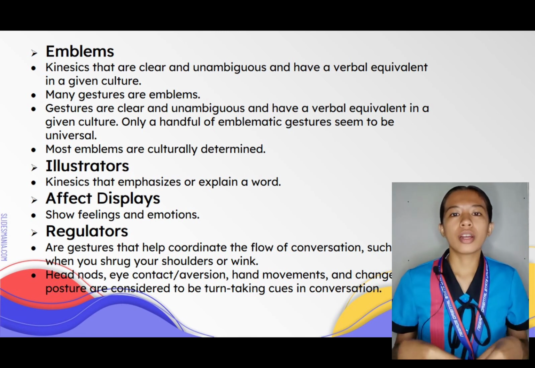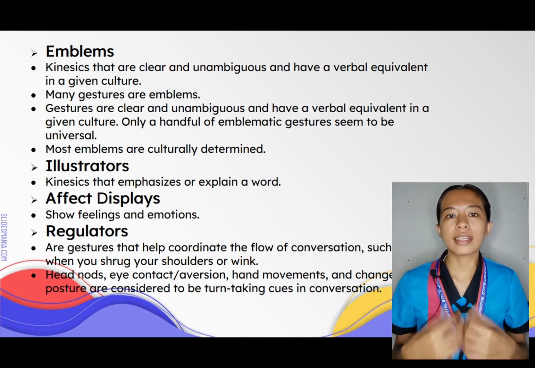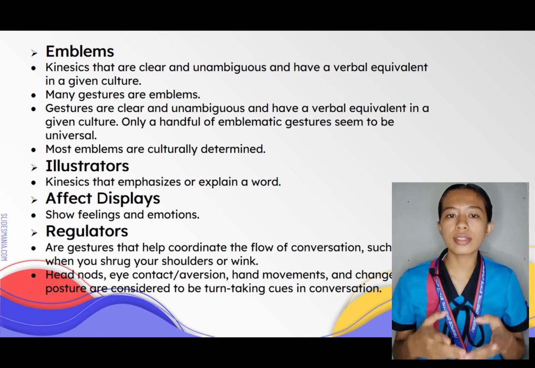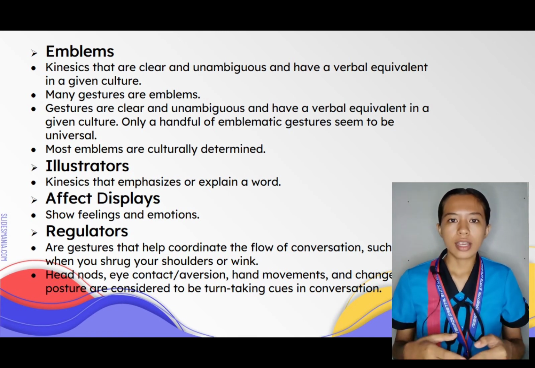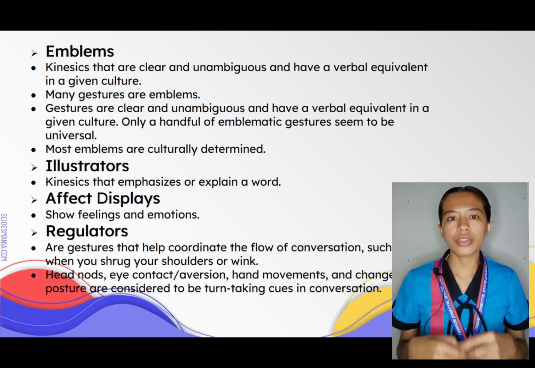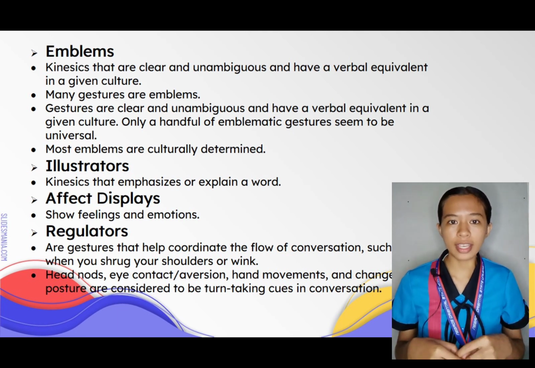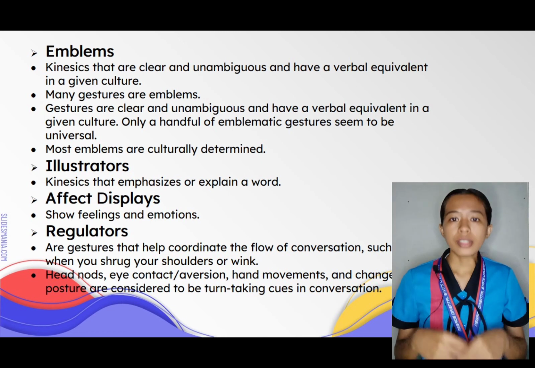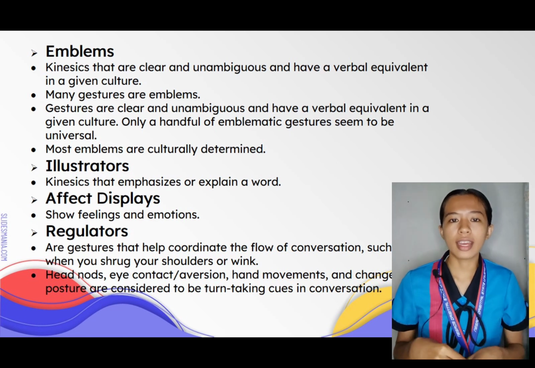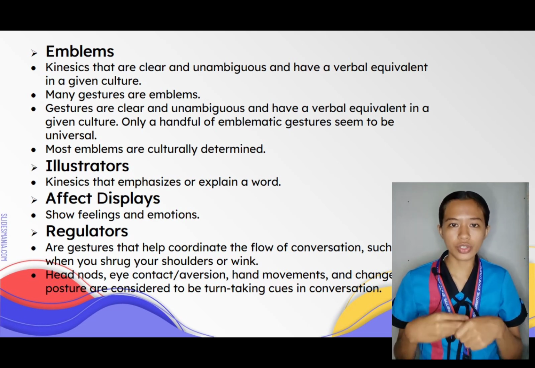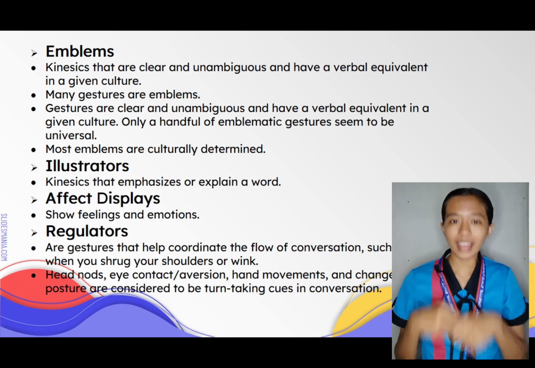Most emblems are culturally determined, and they can get you into difficulty if you use them in other countries. In the United States, some emblematic gestures are the thumb up and out hitchhiking sign, the circled thumb and index finger OK sign, and the V for victory sign. However, be careful of using these gestures outside the United States.